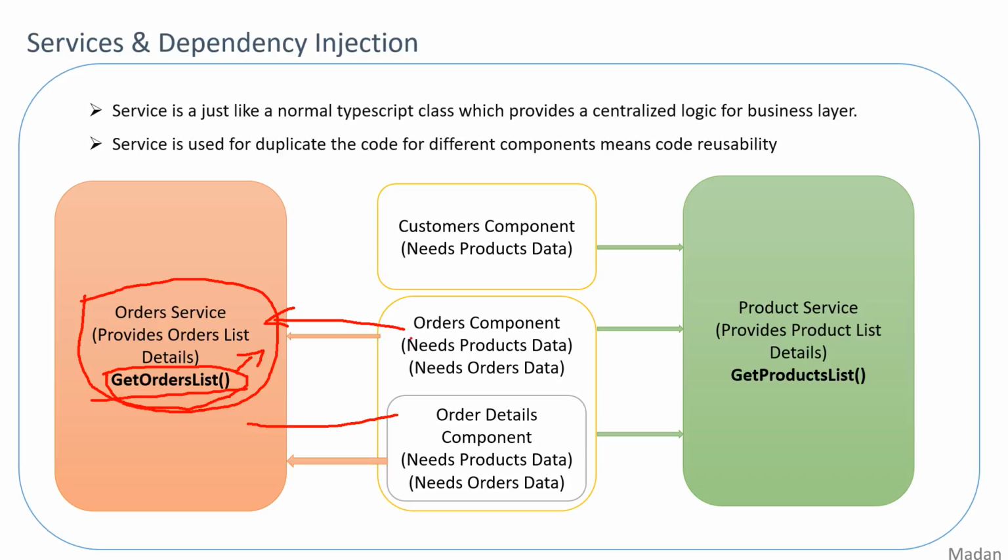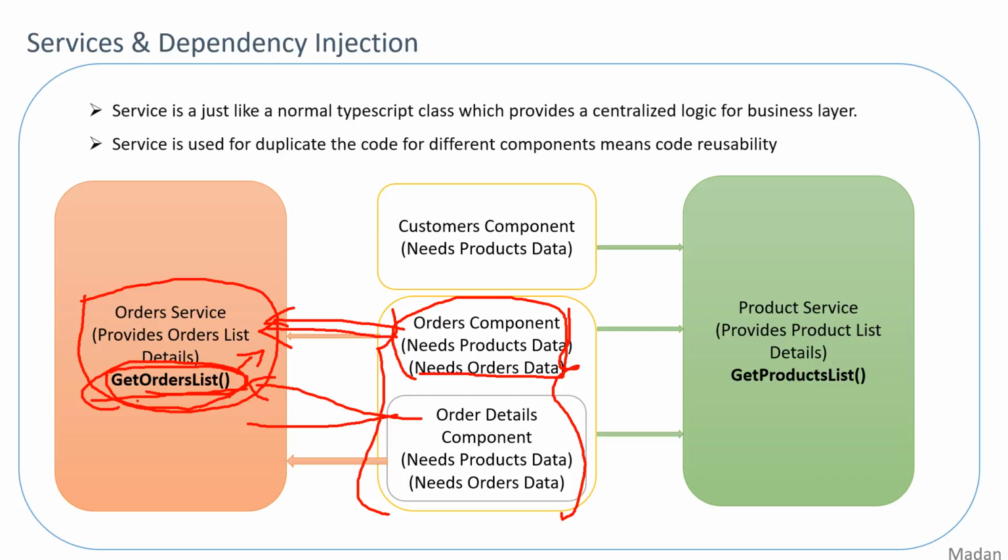Suppose there is a parent component and a child component. The parent component needs the order service, and the child component also needs it. In this case also you can give the getOrdersList method to these two components.